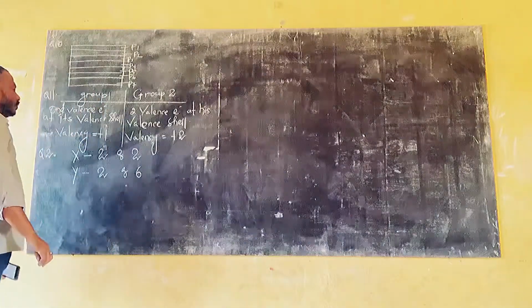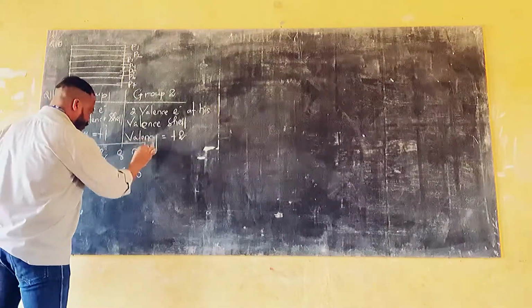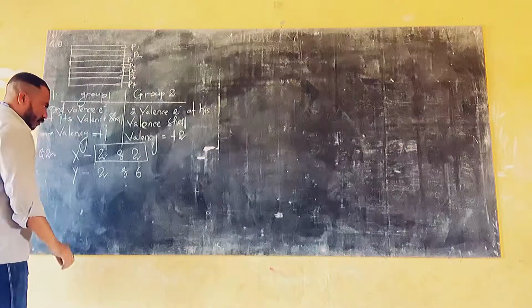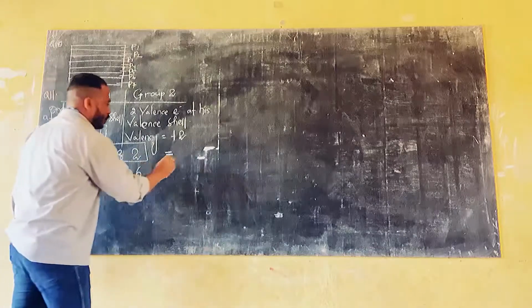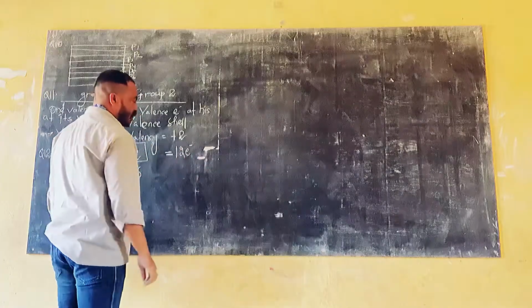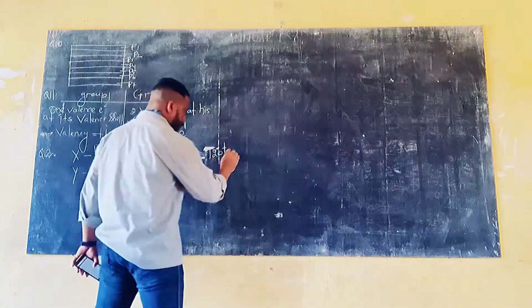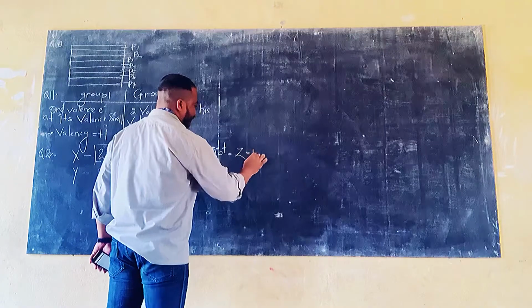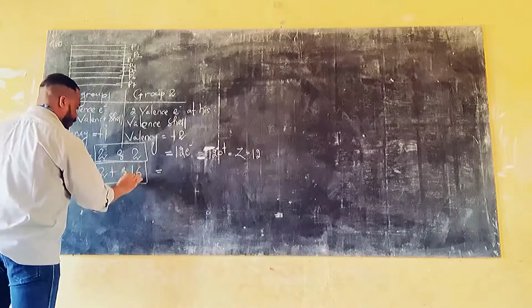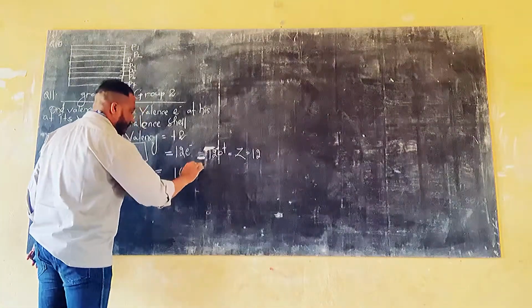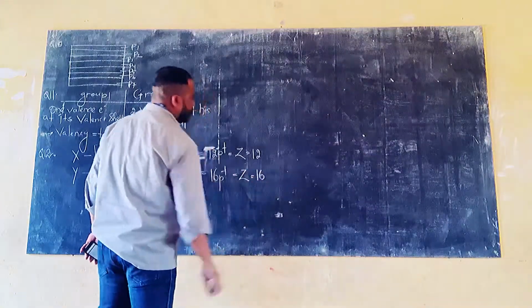He asked about the atomic number. So these are the numbers of electrons, just sum them: 2 and 8 is 10, 10 and 2 is 12. Total 12 electrons, which means 12 protons, which means atomic number is 12. And here total 16 electrons equal to 16 protons, so atomic number is 16. Done.